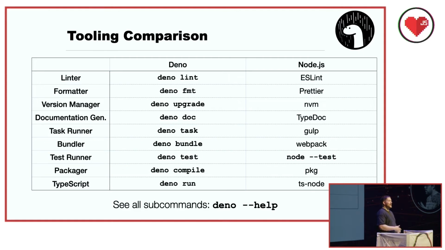The test runner was just added in the most recent version of Node.js, so it hasn't been around for long. And it was only really added to Node because Deno had it, so it kind of opened the door to add one to Node. So there's all this functionality that's built in for you. This is not an exhaustive list. If you wanted to see everything, just run deno --help. It'll print out a full list of all the subcommands, and you can see what they all do.